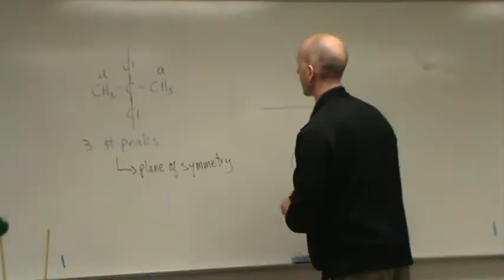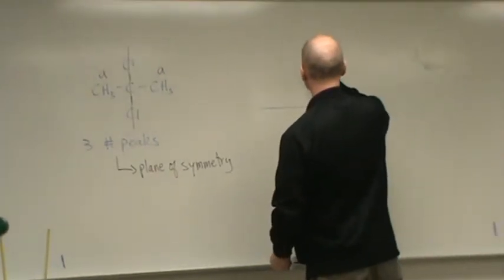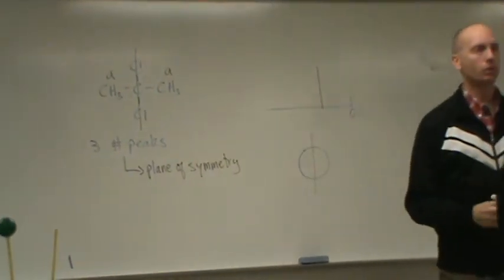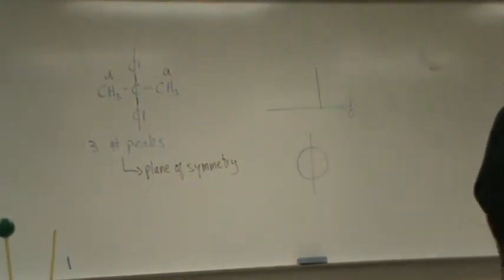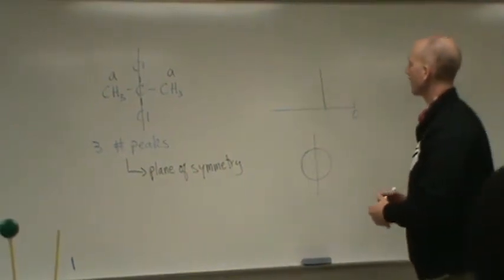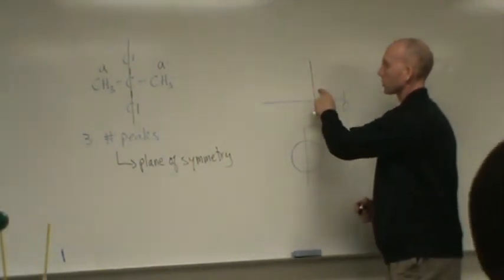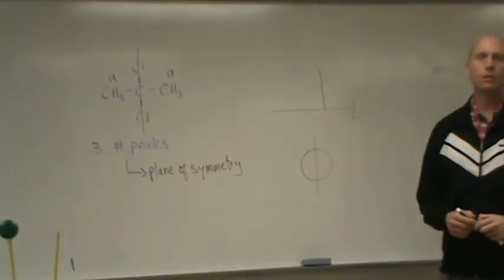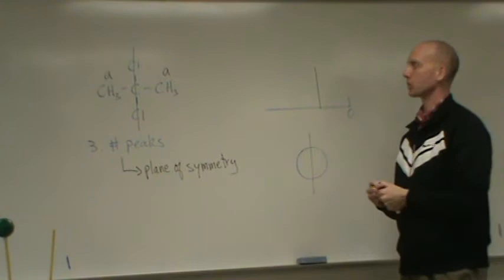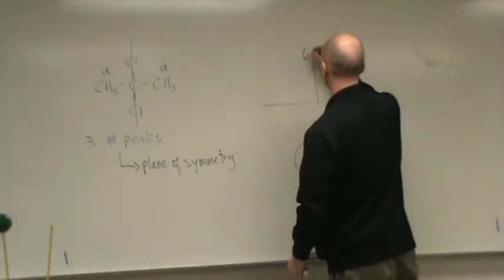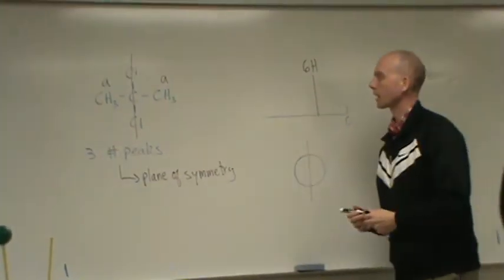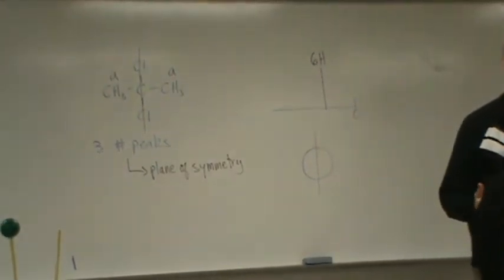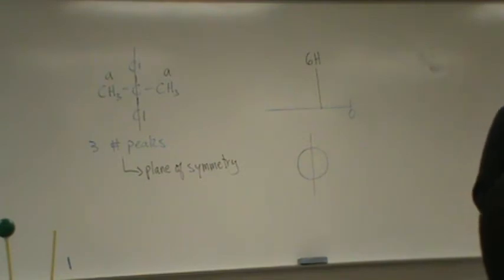So I would get a singlet. I'll just draw it there. There's nothing to compare it to, so I'll just draw one line. How many hydrogens would that signal represent? 6 hydrogens, very good. Because how many are with A? 3 and 3 for a total of 6.